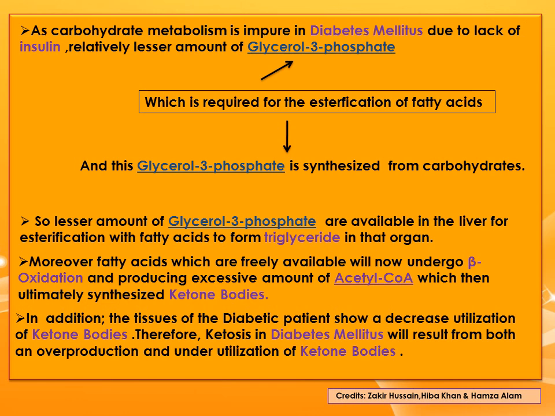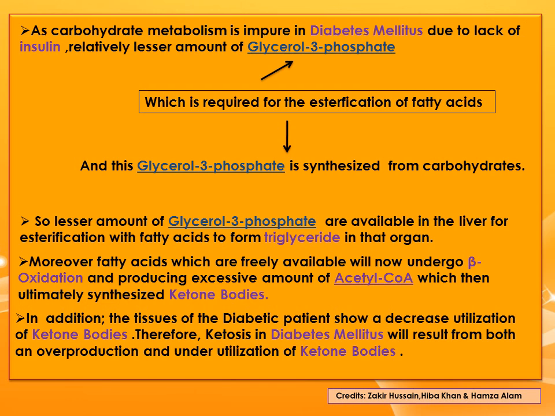In addition, the tissues of the diabetic patient show a decreased utilization of ketone bodies. Under normal condition, as we discussed, whatever ketone bodies are synthesized to a small extent must be utilized and eliminated.